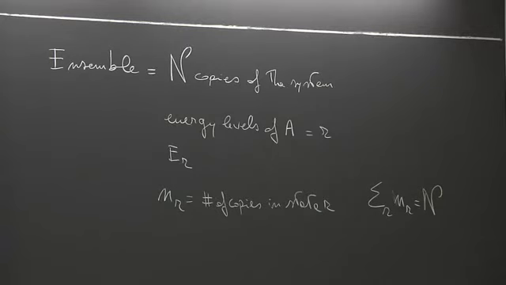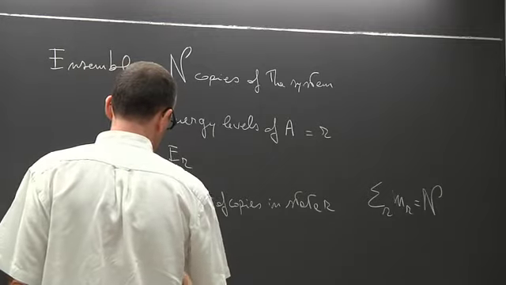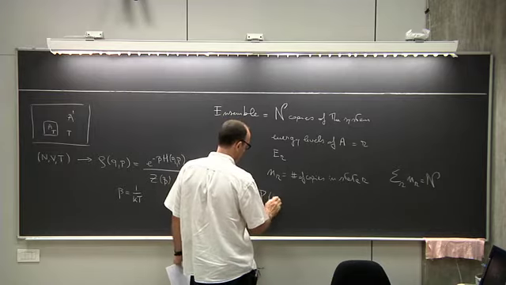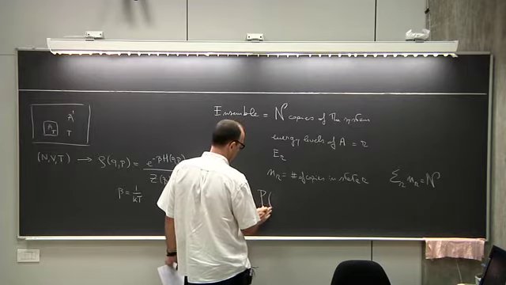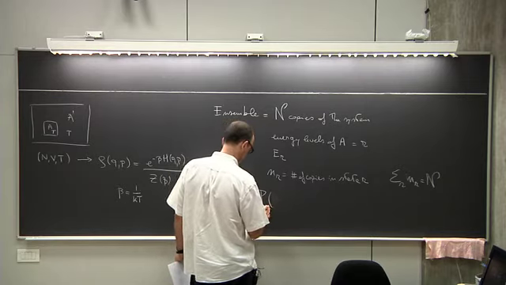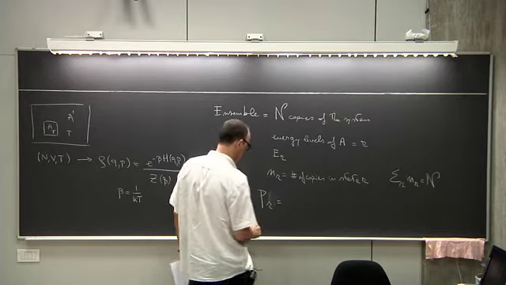Now, what we want to do is to derive the probability to find the system in a certain state R. Let me call it P_R.